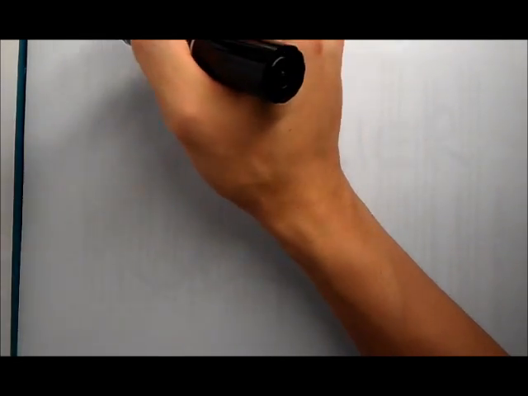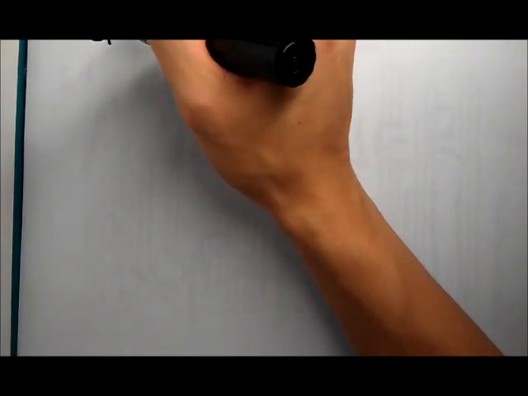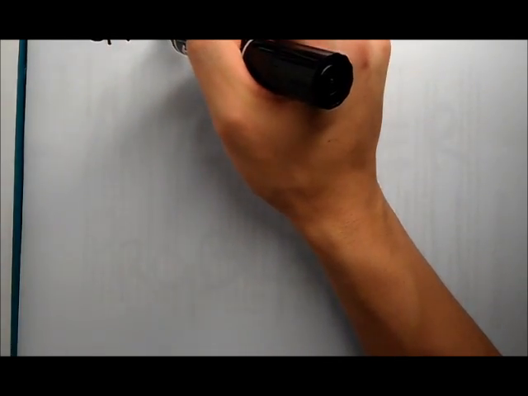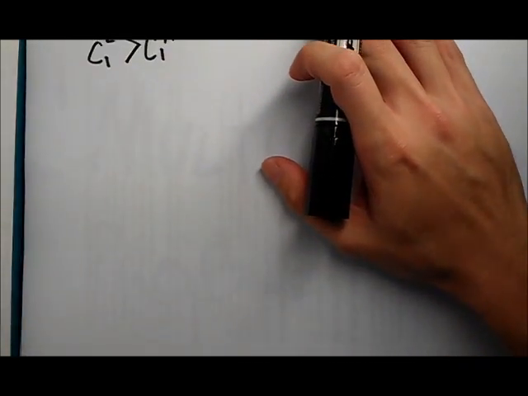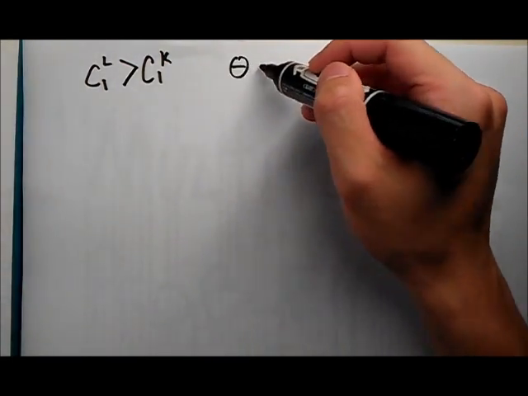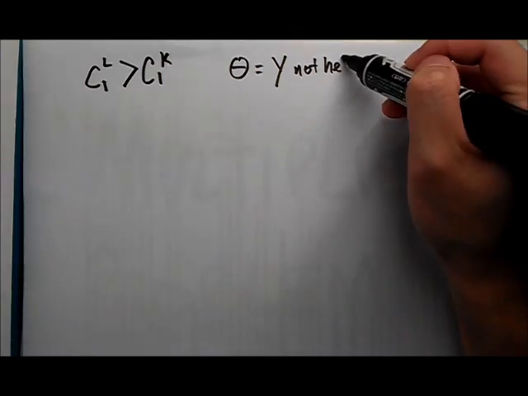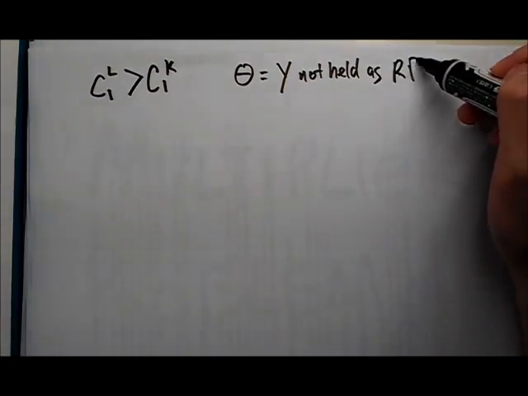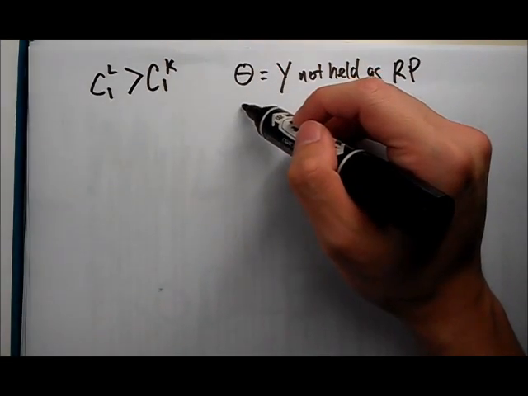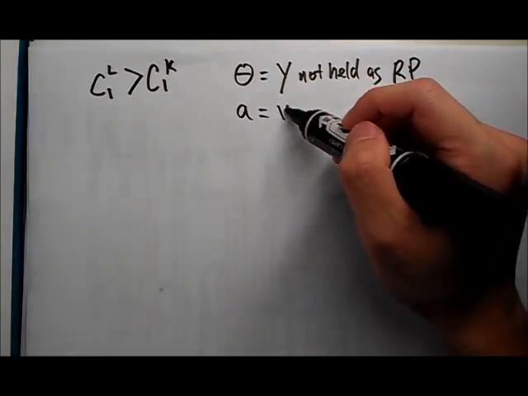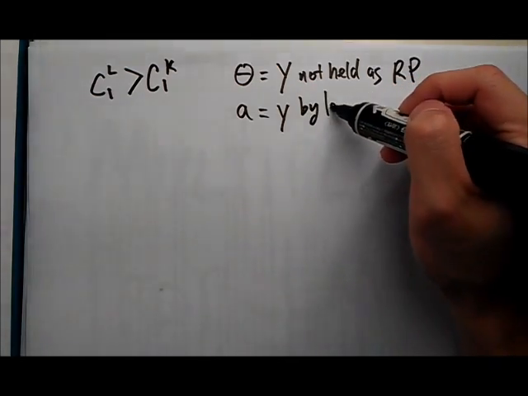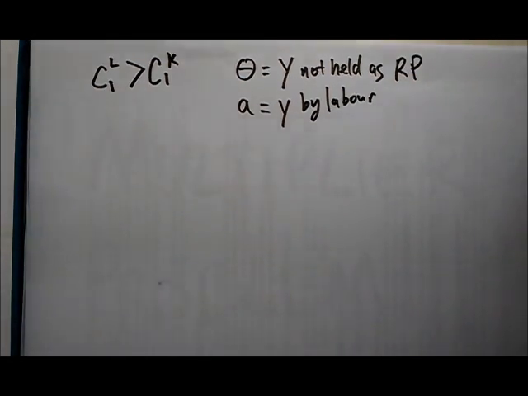What is the first thing that we know? Let's take the obvious first. We know that the marginal propensity to consume of the laborers is more than the marginal propensity to consume of the capitalist class. We also know that theta is the share of the income that is not held as retained profits, and alpha is the proportion of income held by the laborers.